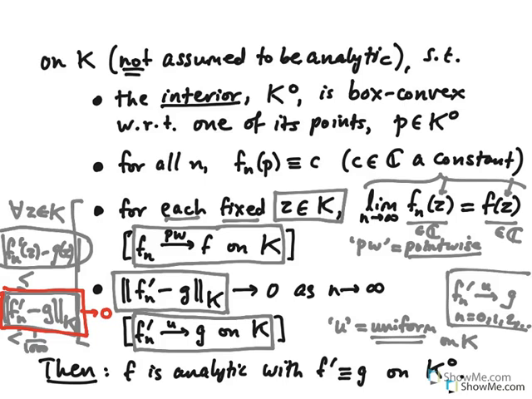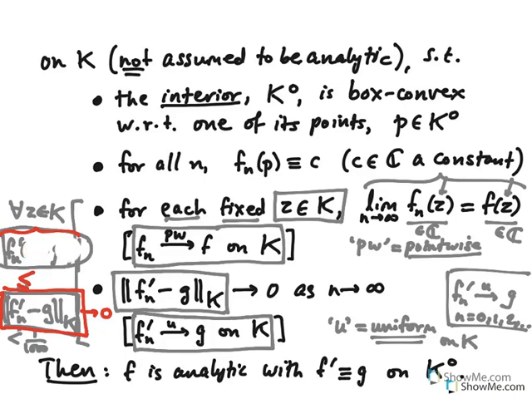And that upper bound is an upper bound not just for the difference at z, but also for the difference at w, or any point at all in K. So all the points in K simultaneously have the property that this modulus of the difference is upper bounded by a single universal quantity that is going to 0. So it's pushing all of those differences to 0.